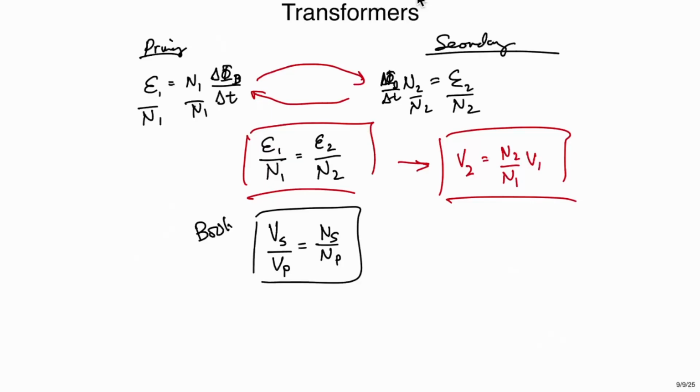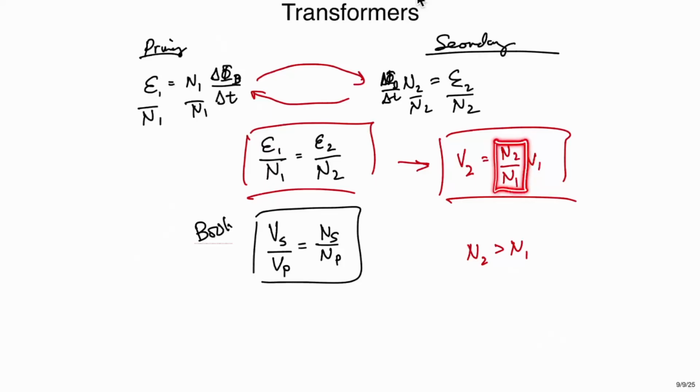So let's say, just for sake of argument, that the number of turns in the secondary is bigger than the number of turns in the primary. Let's say primary's got 100 and the secondary's got 1,000 turns, right? What will the voltage in the secondary be compared to the voltage in the primary? If N2 is bigger than N1, what happens to this fraction? Is it a number bigger or smaller than 1?